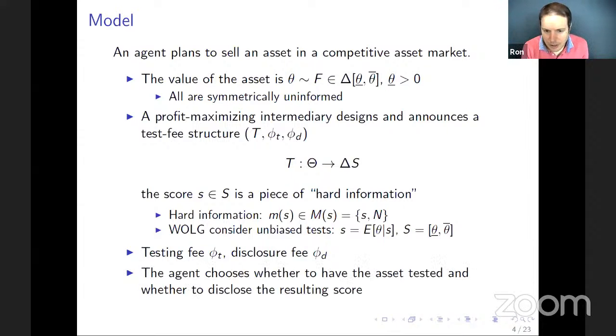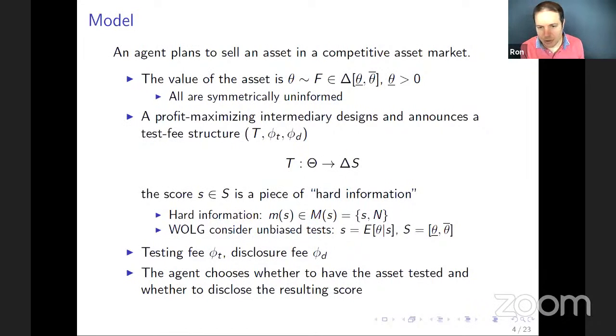Okay. So as we said, the agent is going to choose initially whether to have the asset tested. Remember, the agent doesn't know the value of the asset, right? No one knows the value of the asset at the outset, and then whether to disclose the resulting score. So let me just highlight here that we see now that the intermediary just doesn't generate any value here, okay? So the asset is going to be sold in a competitive market, right? There's no matching component here in this model.